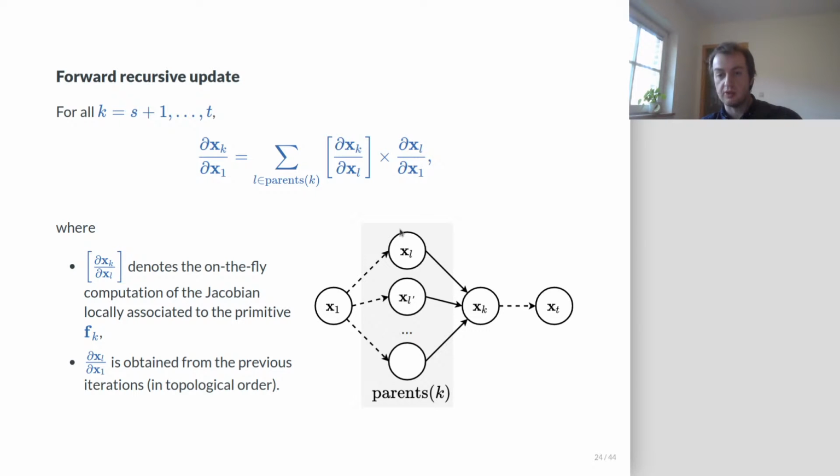So this term is already computed. Now you can proceed forward and evaluate the value of this whole expression and store it somewhere, and that would represent the Jacobian of xk with respect to x1.